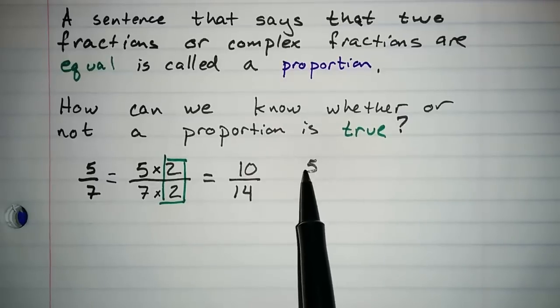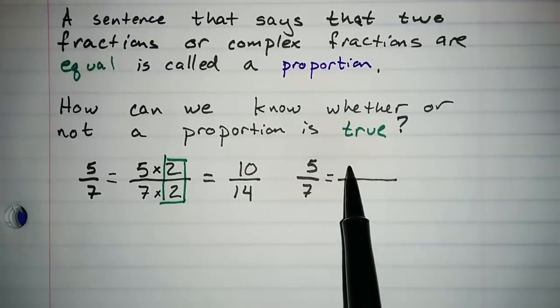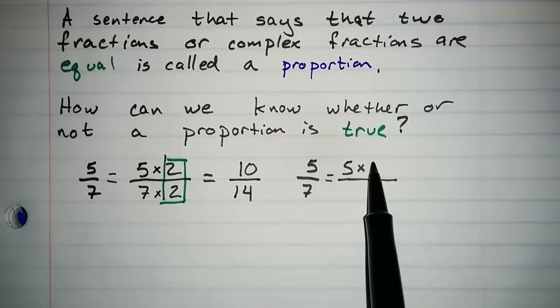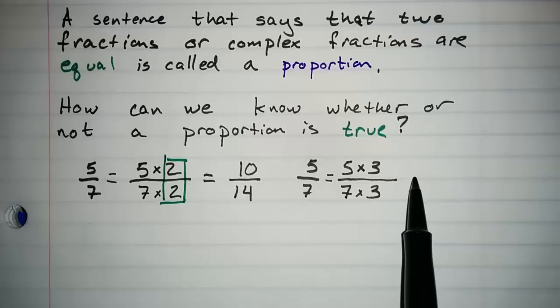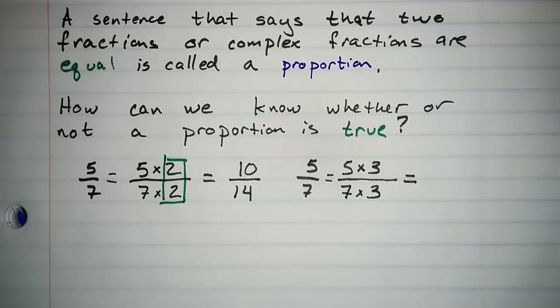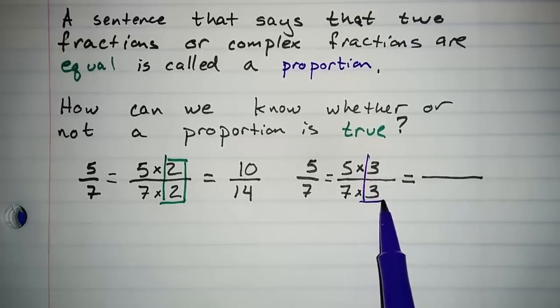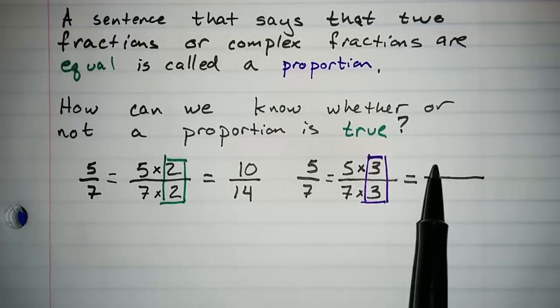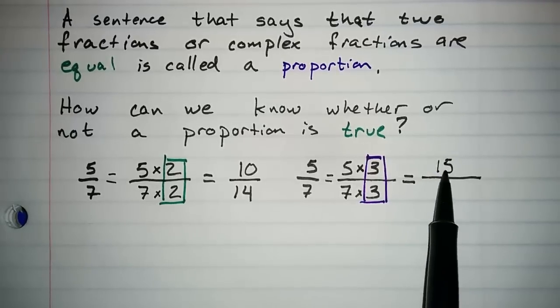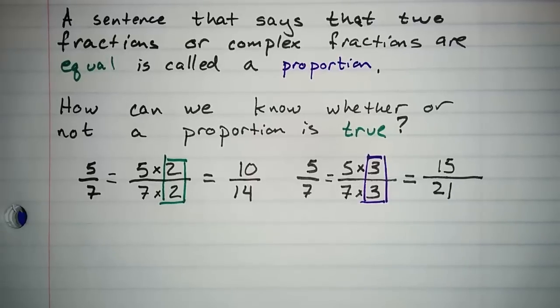I could also have multiplied the numerator and denominator both by 3. And that would give me another equivalent fraction. Again, notice, multiplying by the same number. So another equivalent fraction, 15/21.